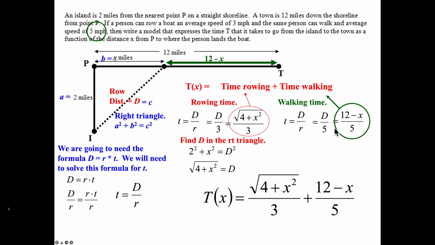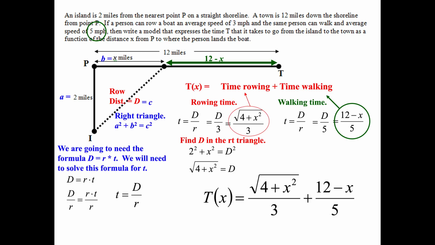So my function is capital T of x is equal to the square root of 4 plus x squared, all over 3, plus 12 minus x, all over 5. There's my function. Now, we may have to use that function because now we're going to be asked, what is the fastest time to go from the island to town?